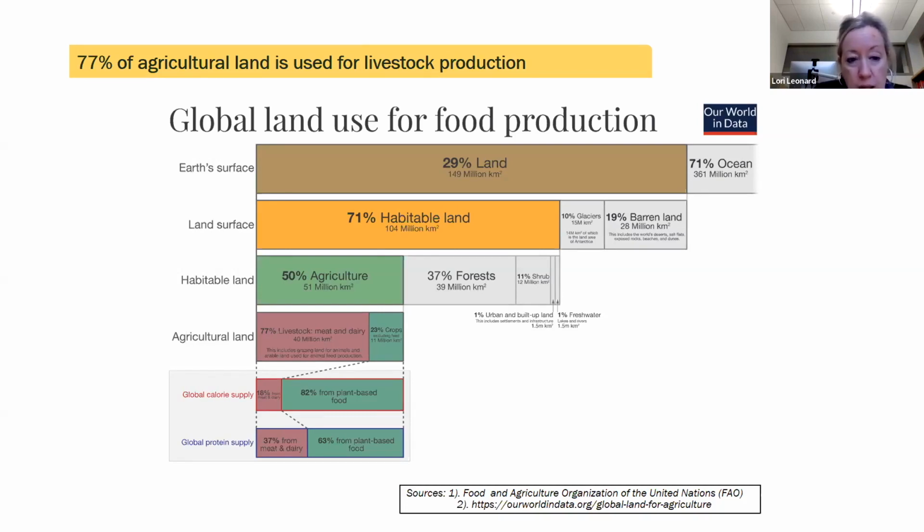But the last two rows show that most of our calories and even most of our protein don't come from meat and dairy. They come from plant-based crops, which are grown on a very small proportion of our agricultural land. So I think that graphic packs a lot of information onto one page.